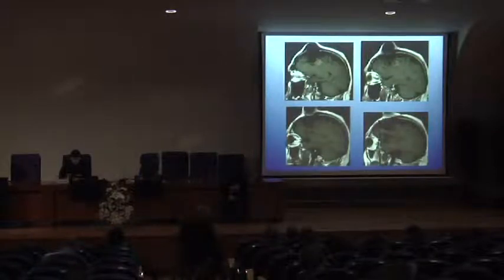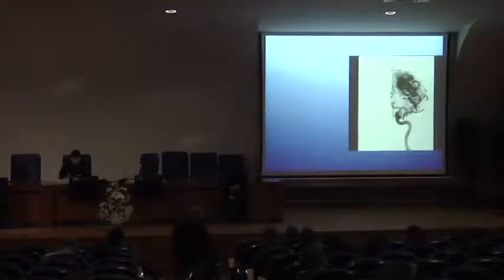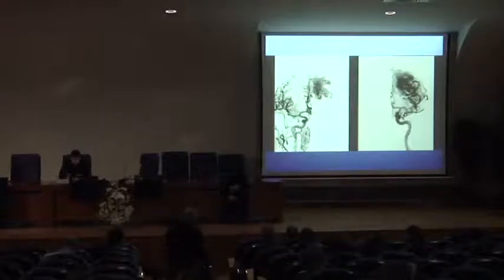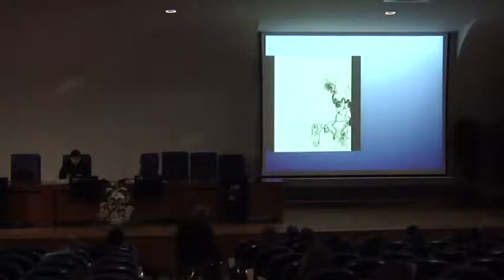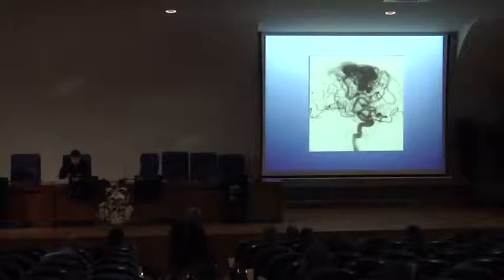Next. This is the AVM. In AP view, you have the collateral circulation of the anterior cerebral artery and arterial feeders of the middle cerebral artery. Next. A lateral view. You have the middle meningeal artery, origin of the ophthalmic artery, going to the nidus.